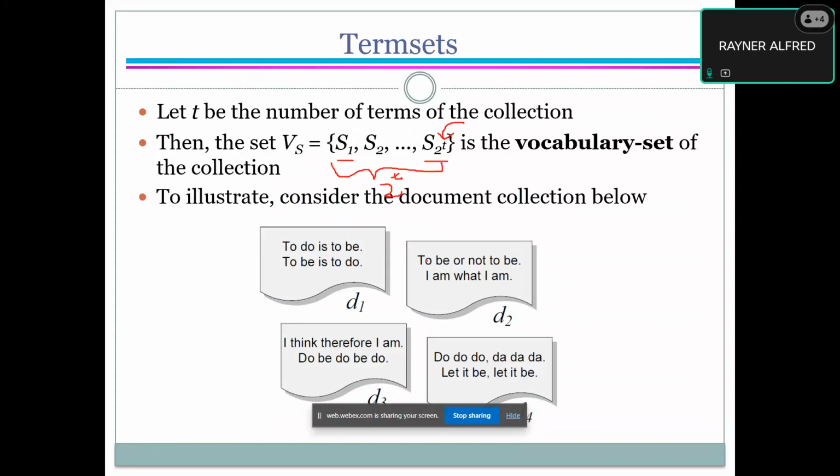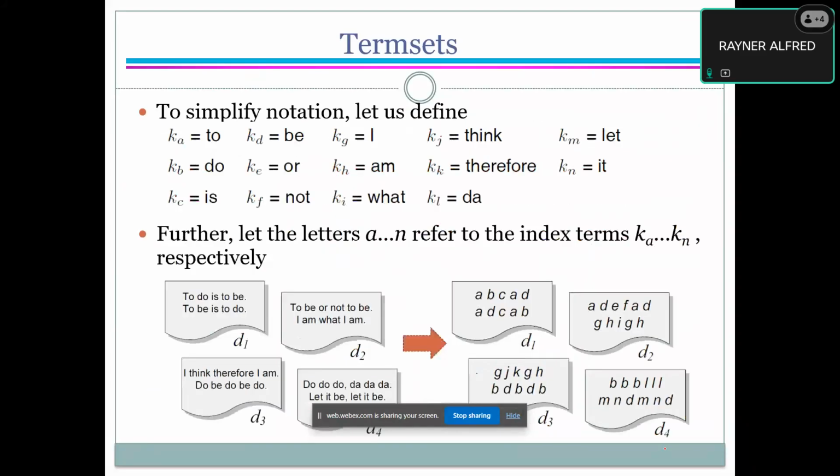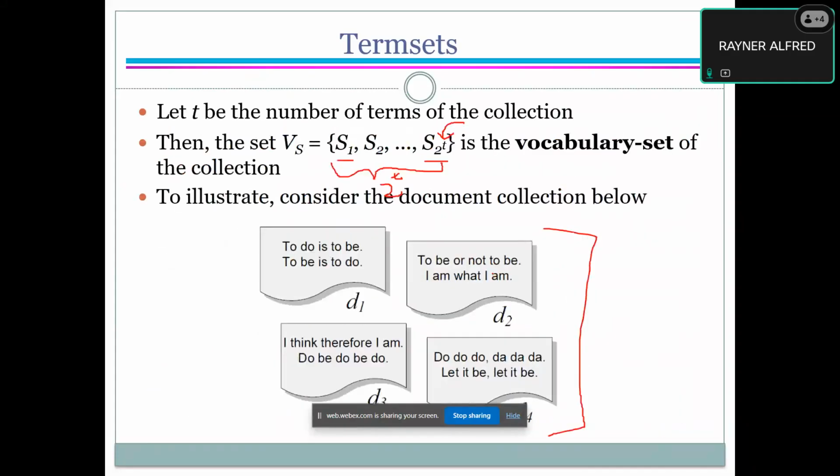Okay, so let us illustrate this using the same example that we used in the previous example. We simplify the notation of the words so that we can use Ka up to L, converting them into just alphabet characters.